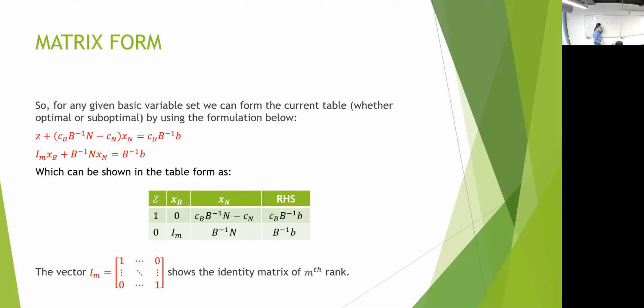For example, let's say that we have two constraints and three variables. We will have x1, x2, x3, s1 and s2, these five as our x values, okay?